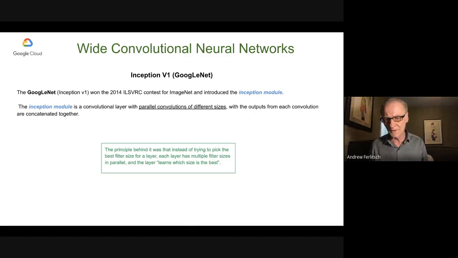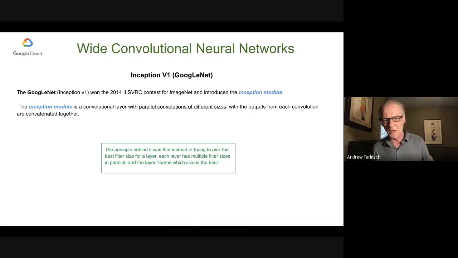One of the very first state-of-the-art ones to experiment with wide convolution layers was the Inception series, V1, which was the winner of the 2014 ImageNet contest, also known as GoogLeNet. It introduced the concept of an Inception module.